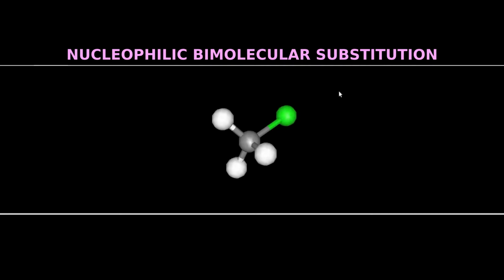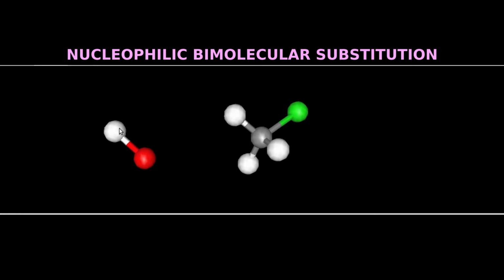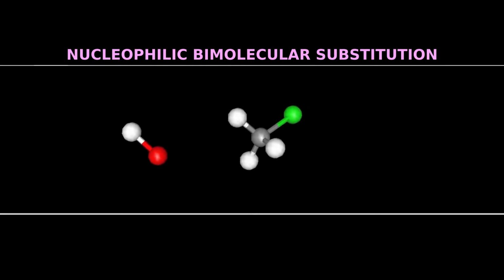Here the sp3 hybridized chloromethane is tetrahedral in shape, and when the hydroxide ion attacks this chloromethane, it approaches from the side opposite to the chloride ion attached to the carbon.